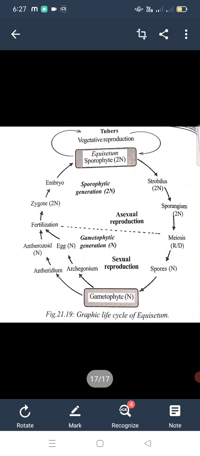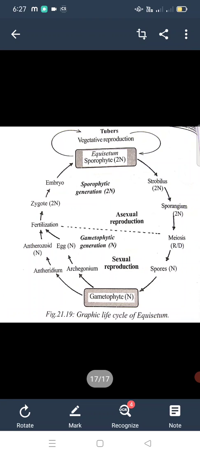From this n antherozoid and n egg, there is a fusion of both nuclei during fertilization, and after fertilization there is a formation of the zygote. It has a 2n number of chromosomes.